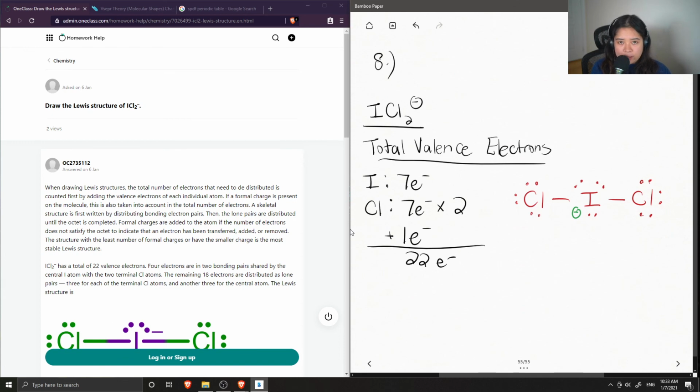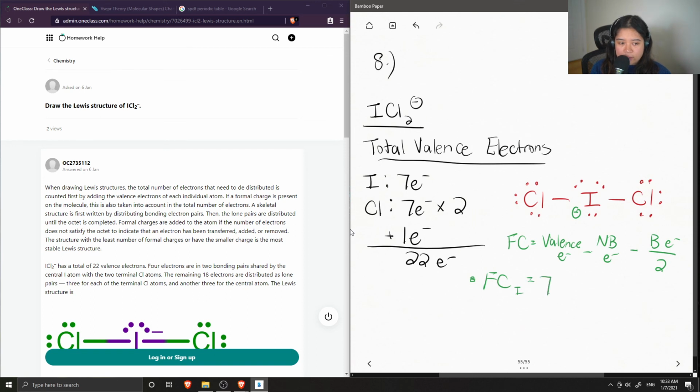So we can calculate the formal charge, and how I got that, by using the following equation, where formal charge is equal to the number of valence electrons minus the number of non-bonding electrons minus the number of bonding electrons divided by 2. So let's calculate the formal charge of iodine.